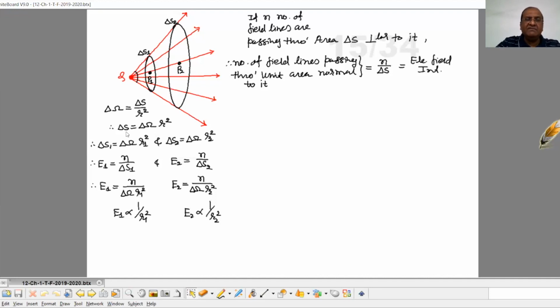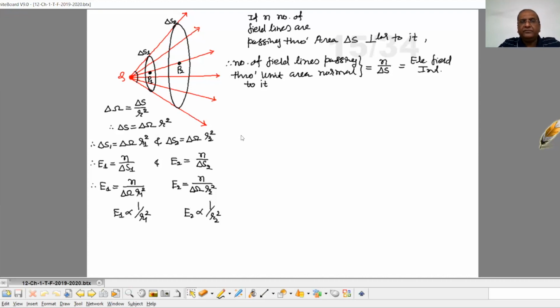So we can write delta S equal to delta omega into R square. Now this surface delta S1 is equal to delta omega into R1, the distance between Q and P1, so delta S1 is delta omega into R1 square. Delta omega is the same for both the surfaces. So we can write delta S2 equal to delta omega into R2 square.